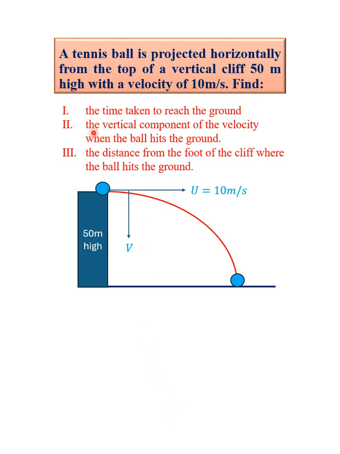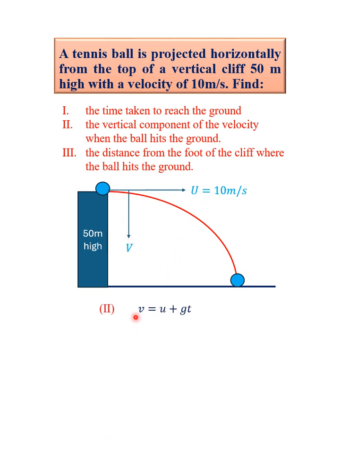Now let's look at the second part of the question, the vertical component of the velocity when it hits the ground. So what would be the value of the velocity at the point where it hits the ground, the vertical component? Again, we are considering the vertical motion, so it will be the motion under gravity, which is also independent of the horizontal motion.